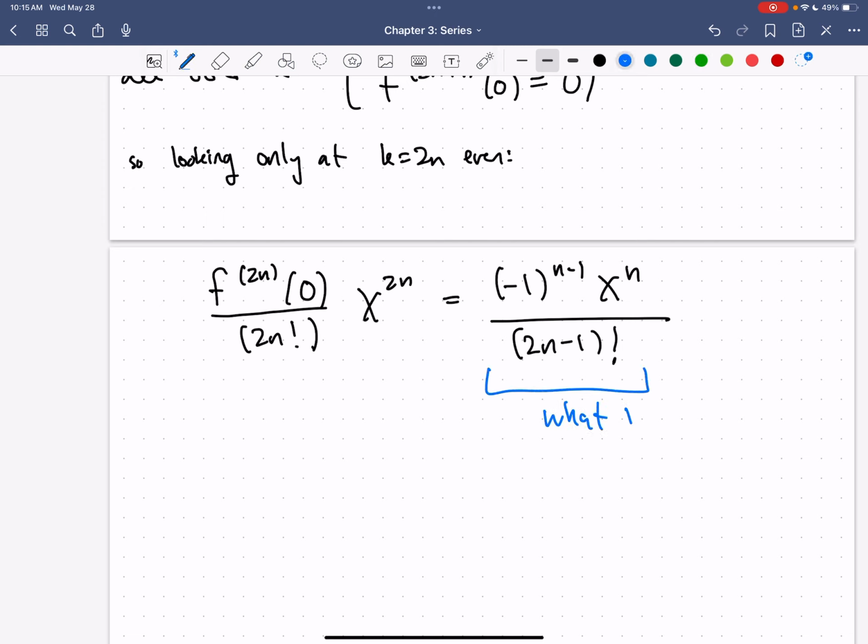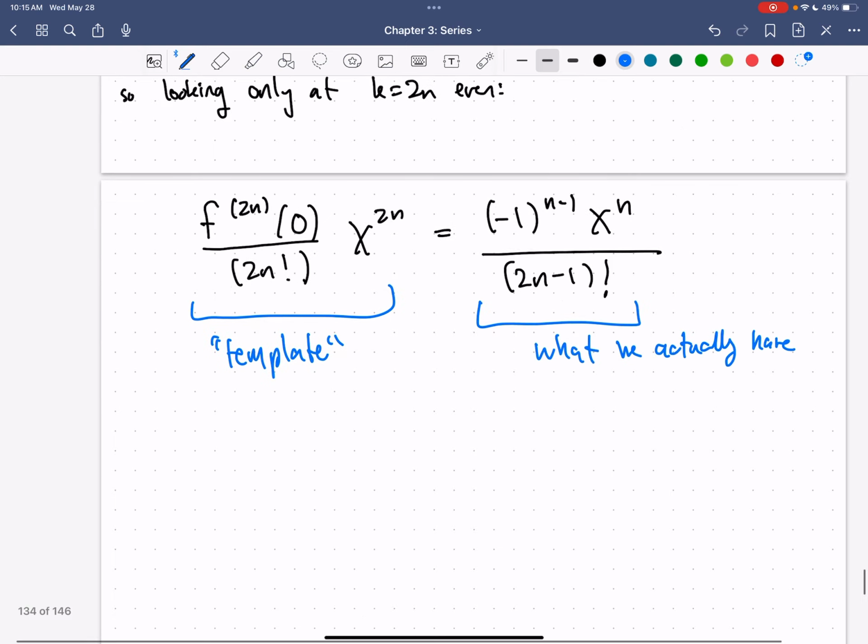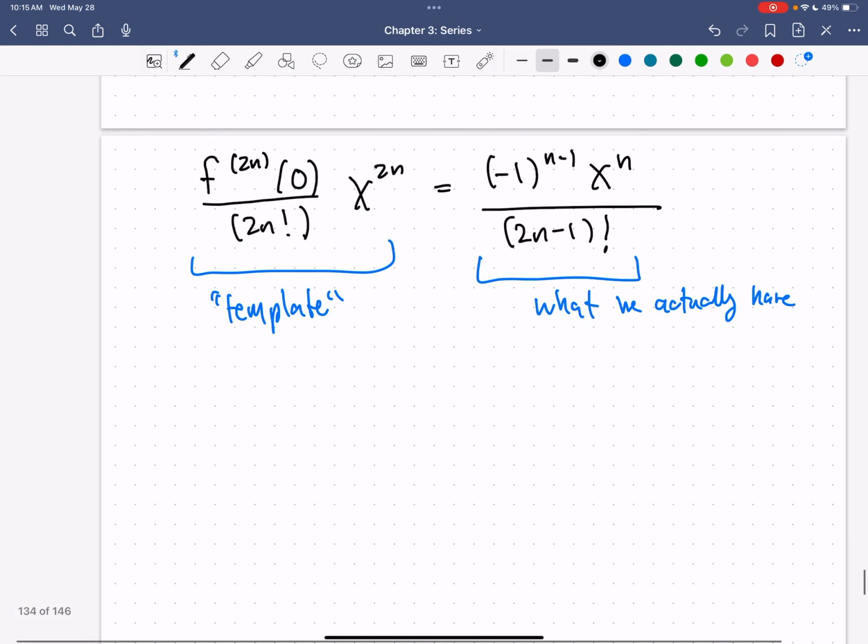So this is what we actually have. And this is like the template. Okay, so using this, we need to try to find what f2n is, the 2nth derivative of the function. Here, we don't have the same thing in the denominator. So what we can do, oh, oops, sorry, I just realized I put x to the n there. It should be x to the 2n.